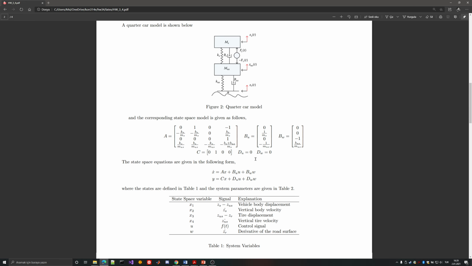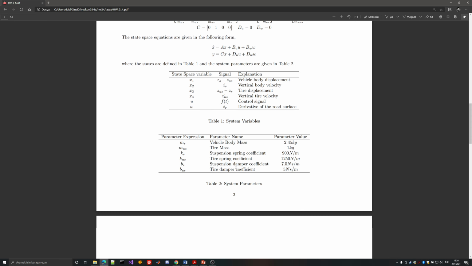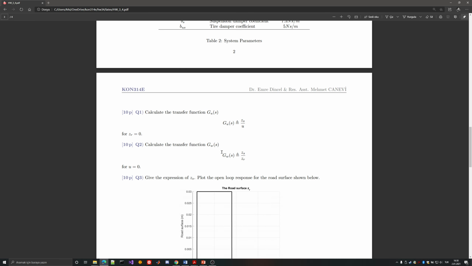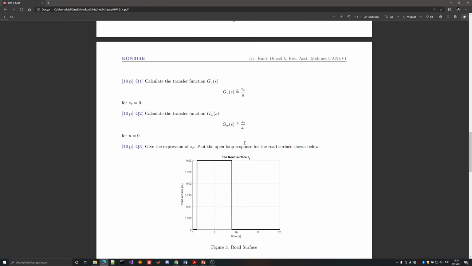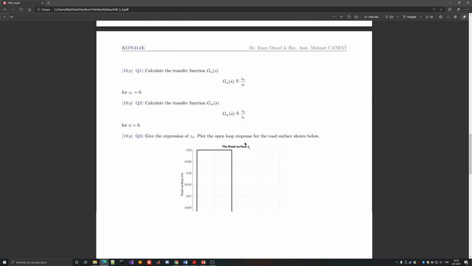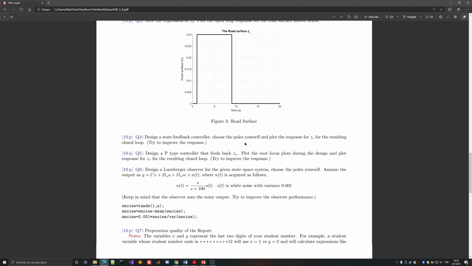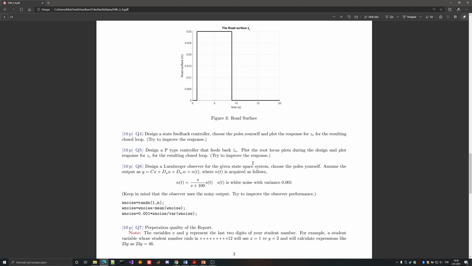This one is almost all about the state space. Keep in mind that the state space part is not that hard. It might seem hard, but it is not really. You have to get used to it. So this is why homework 4 is very important if you want to learn the state space methods.